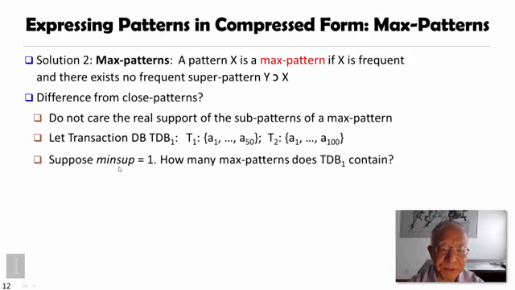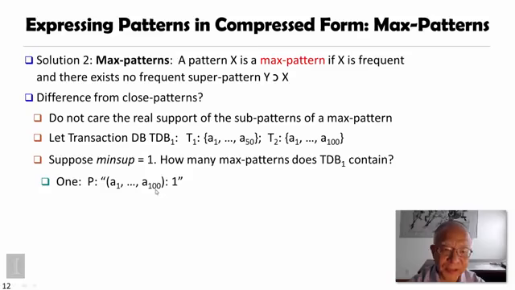We still say minimum support is 1. Then how many max patterns does this transaction database contain? We will find only one. The reason is, even though A sub 1 to A sub 50 has support 2, remember we do not care about support anymore. For this A1 to A sub 50, there exists a super pattern like this, which is also frequent.